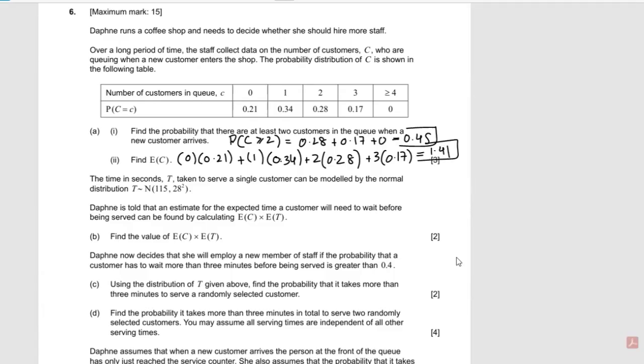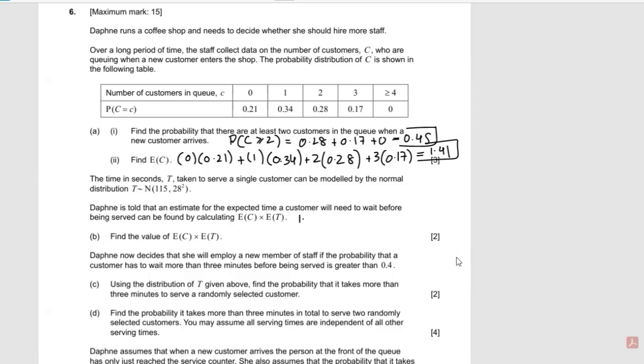1.41. Let's go. The time in seconds T taken to serve a single customer can be modeled by the normal distribution with a mean of 115, and the variance is given as 28 squared, so the standard deviation is 28. Daphne is told that an estimate for the expected time a customer will need to wait before being served can be found by calculating this: expected time for the customer in the queue.